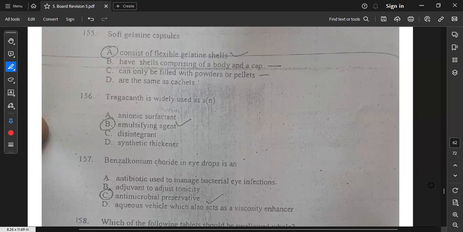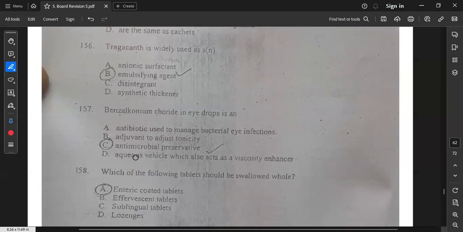Yeah, most of us are agreeing here. Tragacanth is widely used as an anionic surfactant.